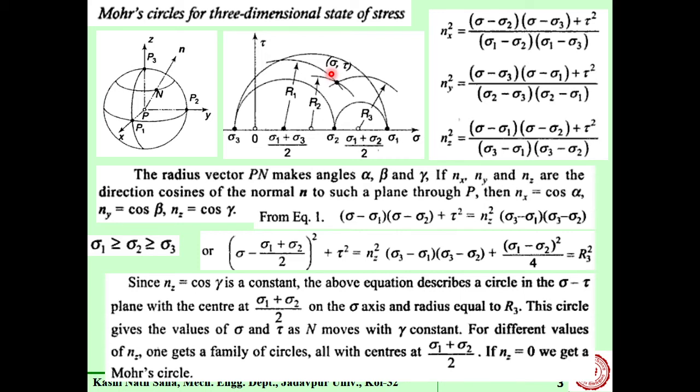What would be the direction along which this state of stress will act? So the question is now how to find nx, ny and nz corresponding to this particular point. Clear?